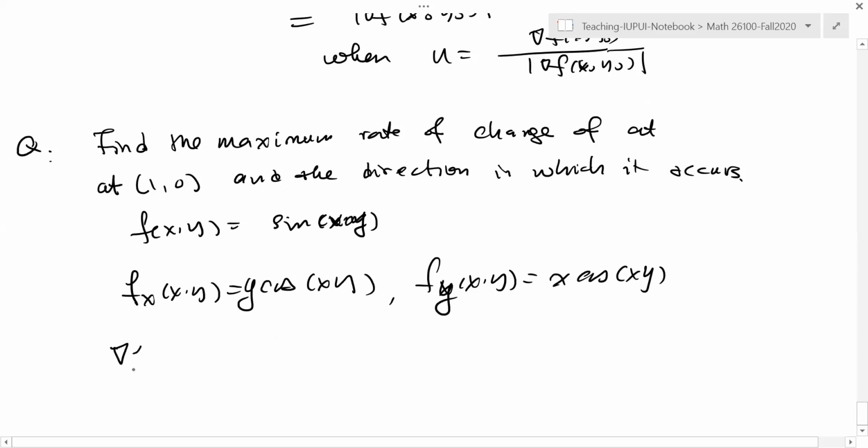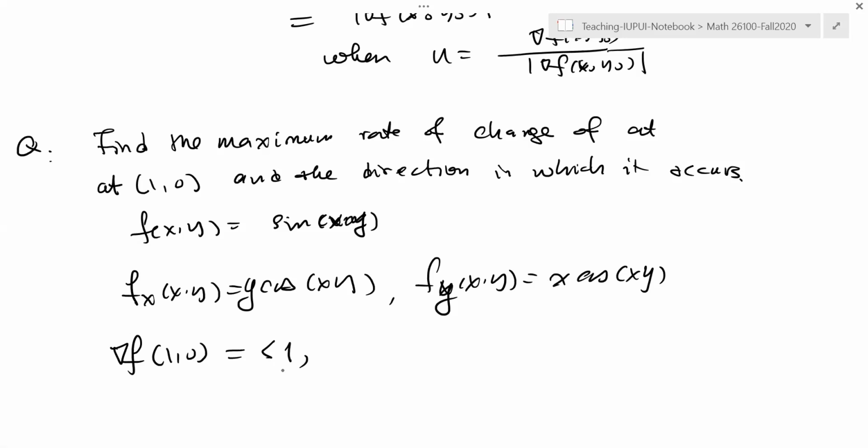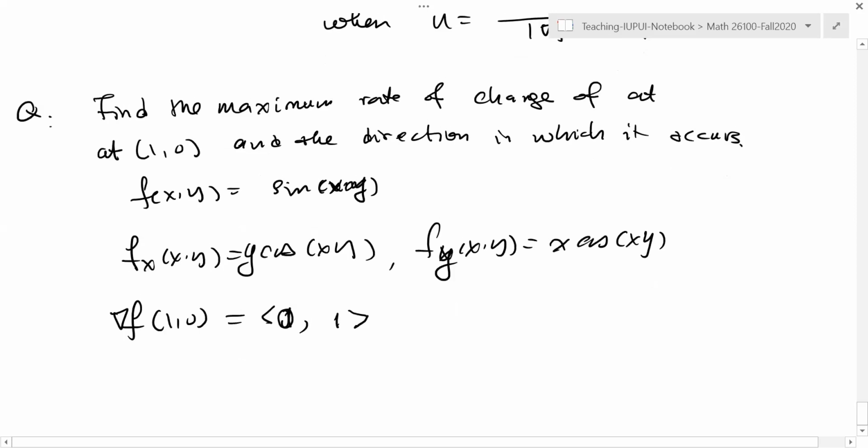So the gradient of the function at this point, when x is 1 and y is 0, the cosine of 0 is 1, and the product is always 0. When y is 0, the first component is going to be 0, and the other is going to be 1. When x is 1, y is 0. So that's the directional derivative.